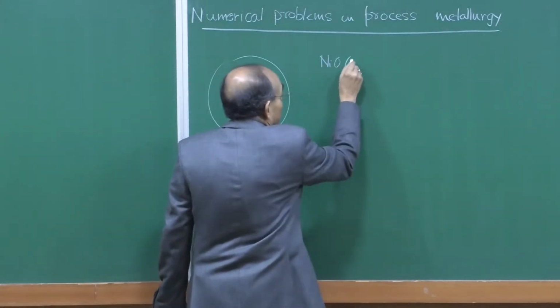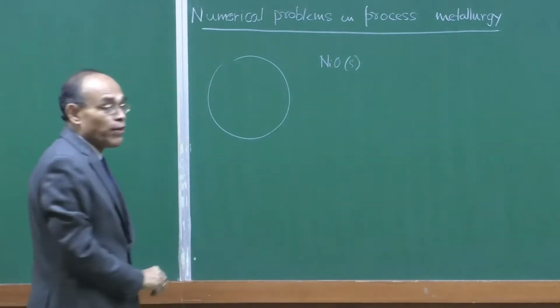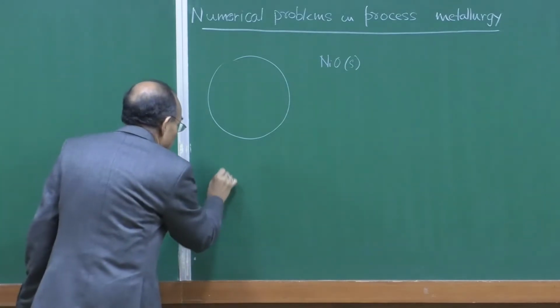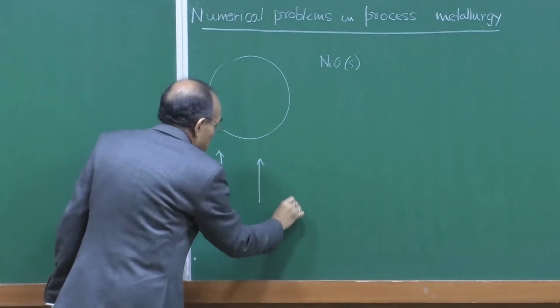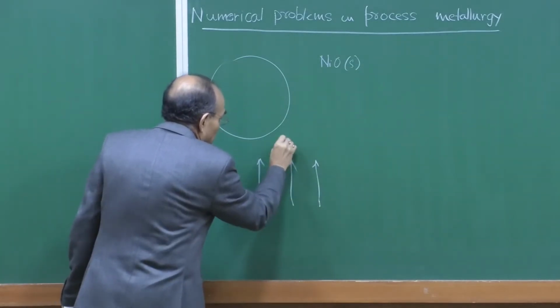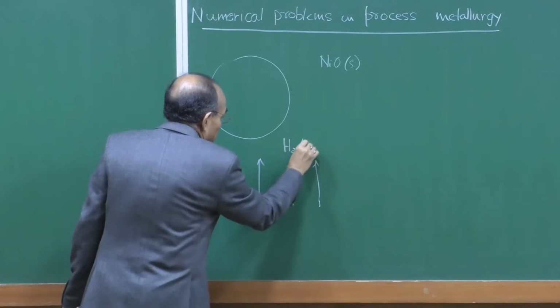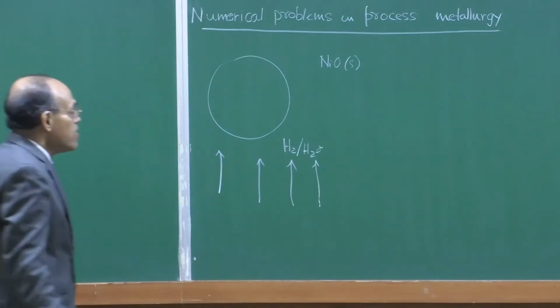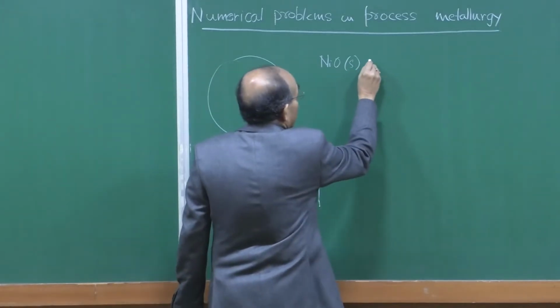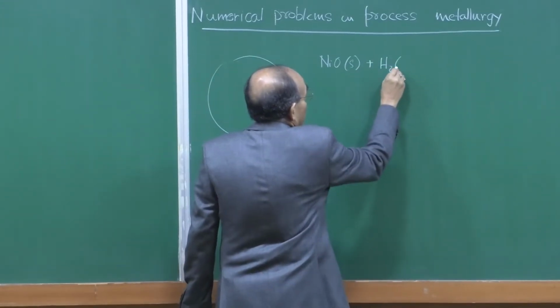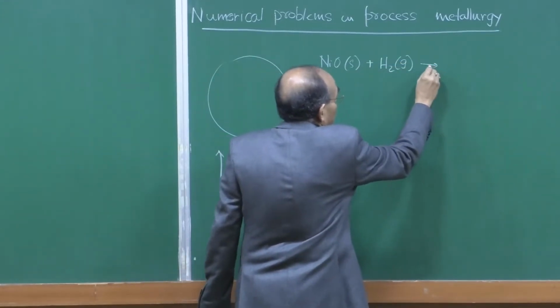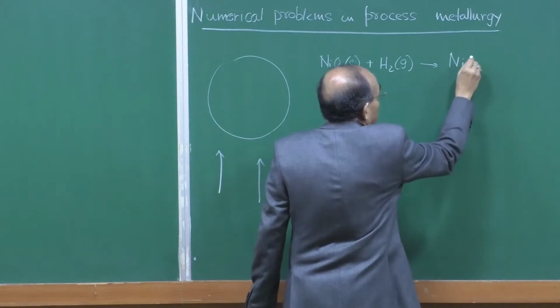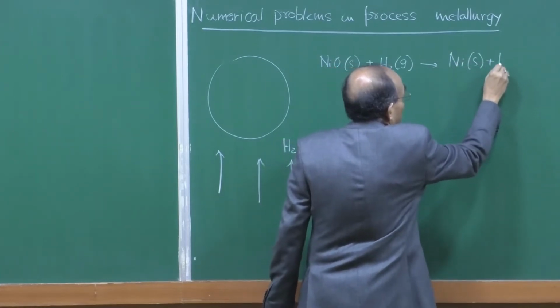So, this is a solid sphere, and this solid sphere is undergoing reduction in a gas mixture. So, basically the chemical reaction that is taking place is H2 gas, and this is nickel solid and H2O gas.